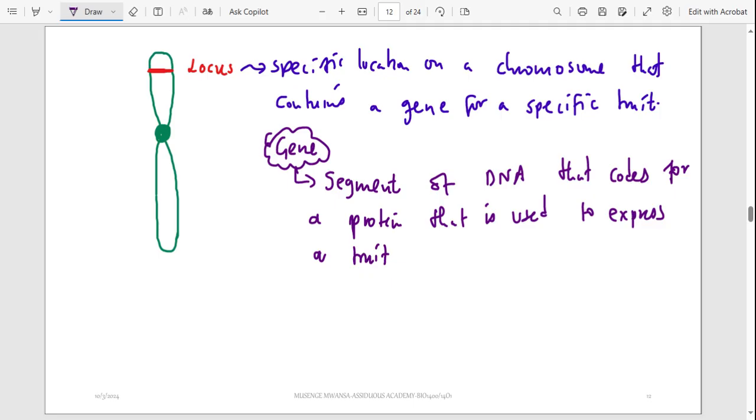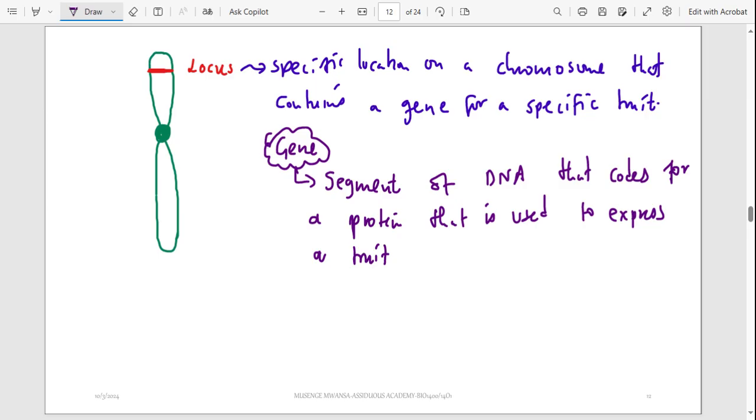In diploid organisms, chromosomes always come in pairs. Okay, in any homologous pair, one chromosome comes from the father and the other chromosome comes from the mother. So meaning that the information that we have, the reason as to why I am the way I am, is the information that came from my mother connected with the information that came from my father, right?